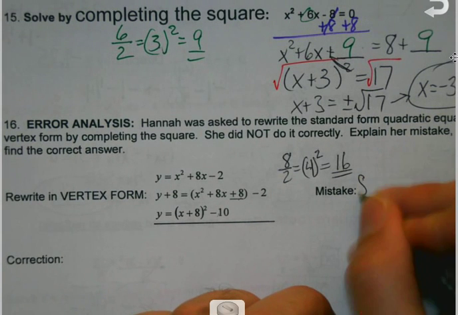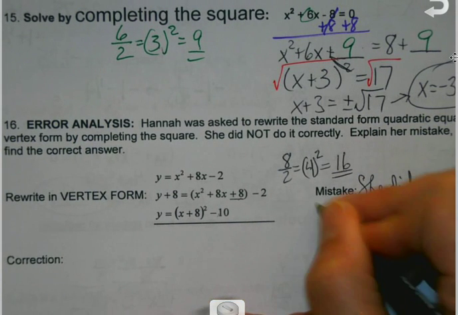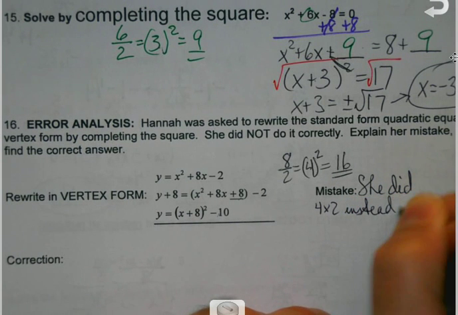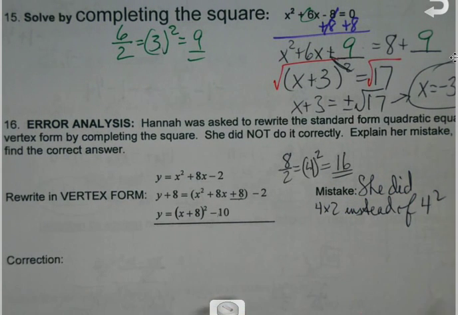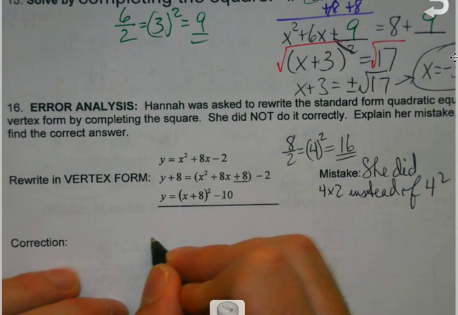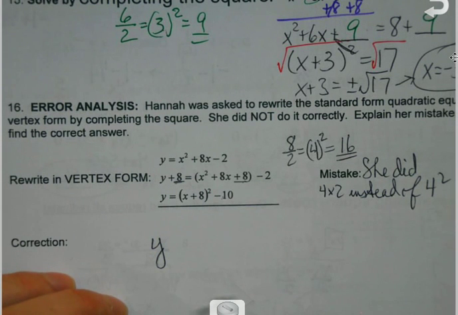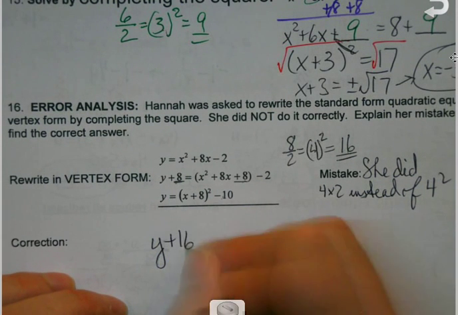So she did 4 times 2 instead of 4 squared because she got 8 instead of 16. So let's fix it for her. So where she's got the 8 and the 8, we know that should be 16.